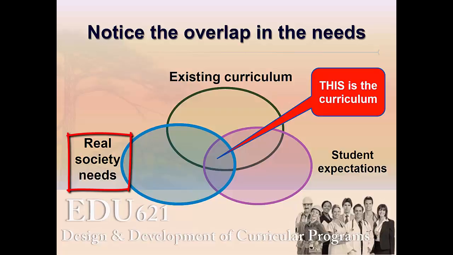This overlapping area is the actual curriculum that we will be designing. So sometimes you may start with a larger group, a larger curriculum, a larger group of skills and abilities and content. And then when you factor in the students' needs and real society needs, you may end up adapting that a little.